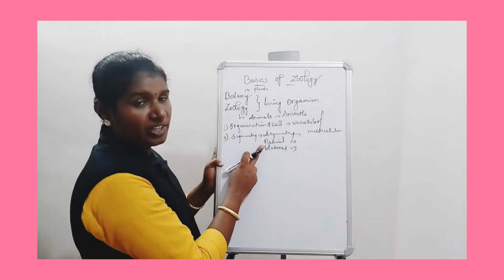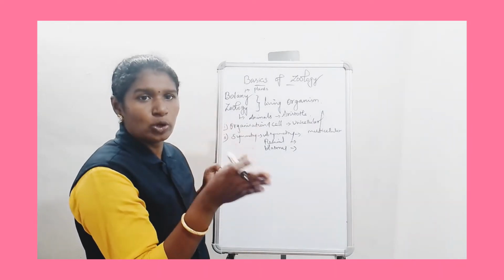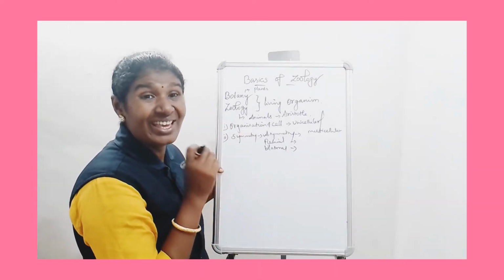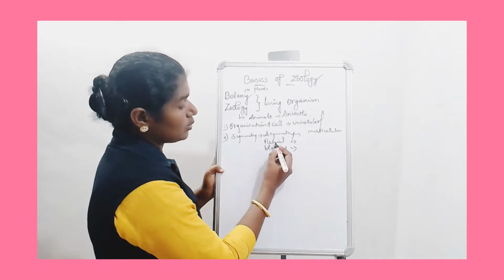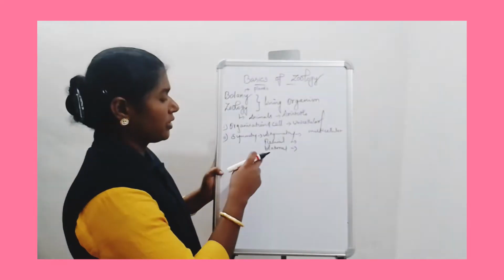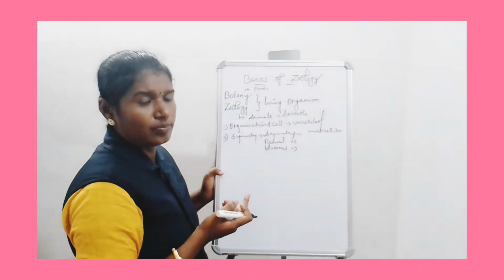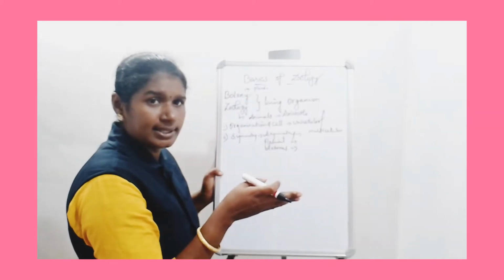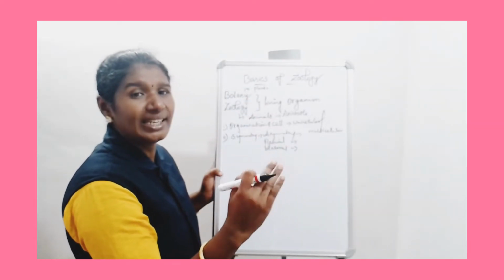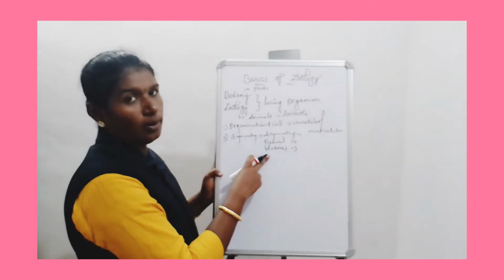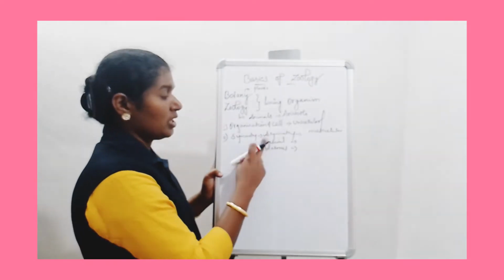There is no symmetry. Radial, if you are cutting at any angle of the body parts, it is divided into equal halves. That is called radial symmetry. And bilateral symmetry, if you are cutting along the central axis, the body is divided into two identical halves. That is called bilateral symmetry.